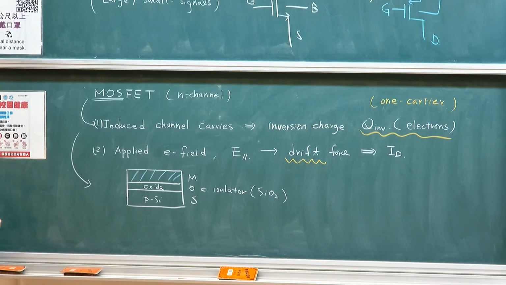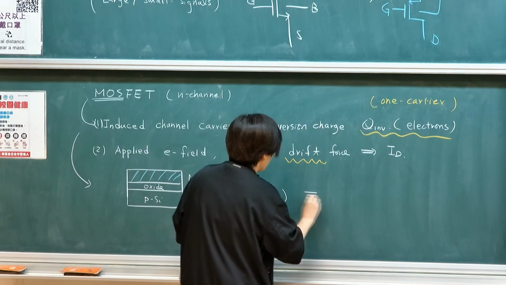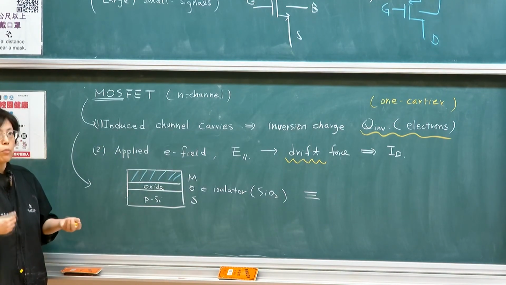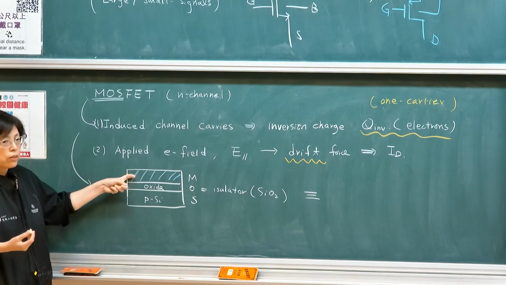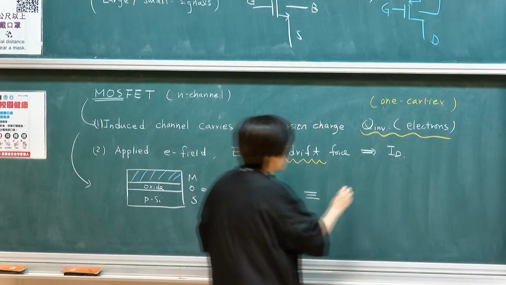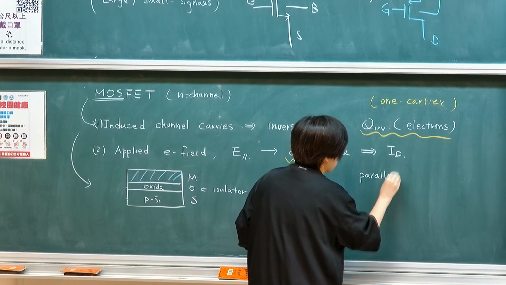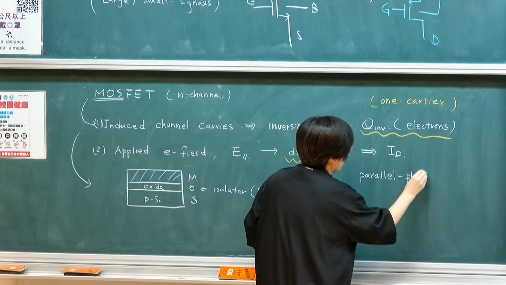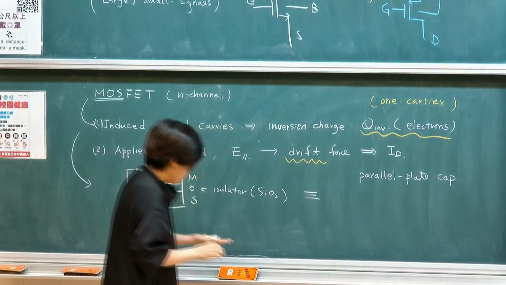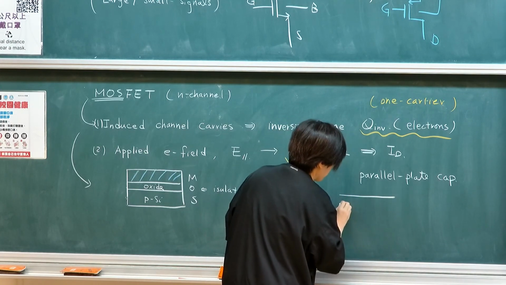So the way to look at this is to view it very similar to a metal, and we're assuming that the silicon is more like a conductor. So it's conductor, oxide, conductor. It looks like a parallel plate capacitance.